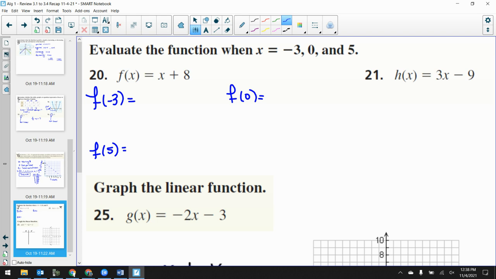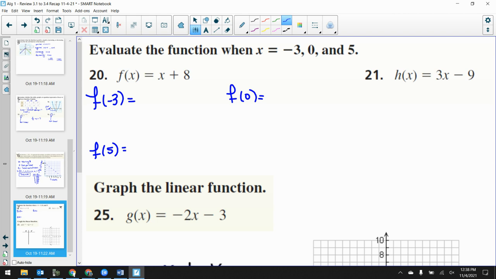Levi? Exactly. It's telling me to go into the equation and plug in whatever's in parentheses into the equation.